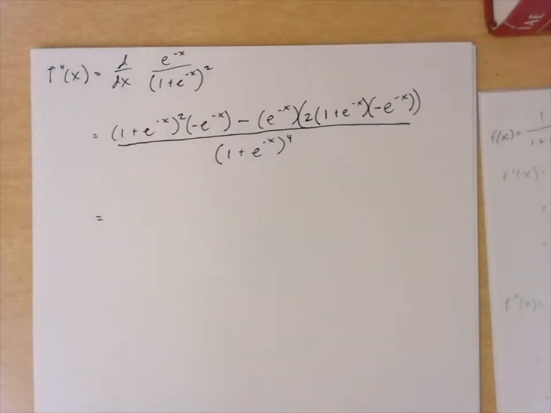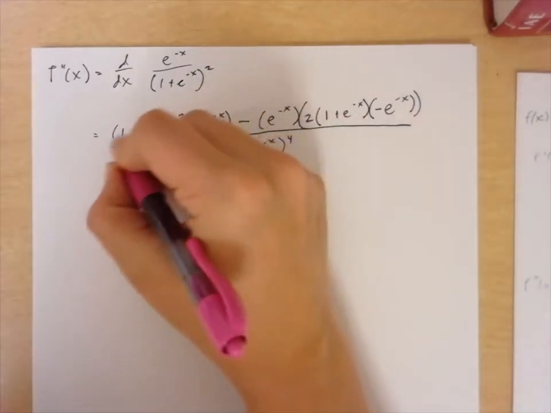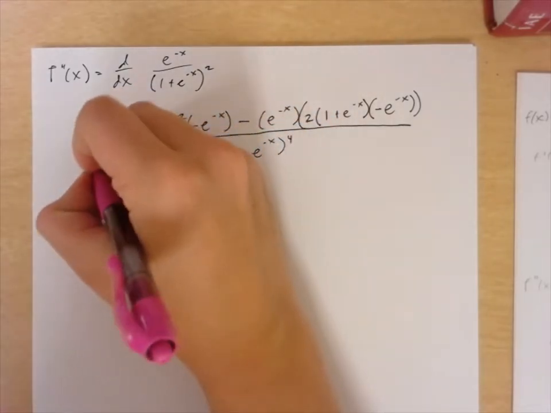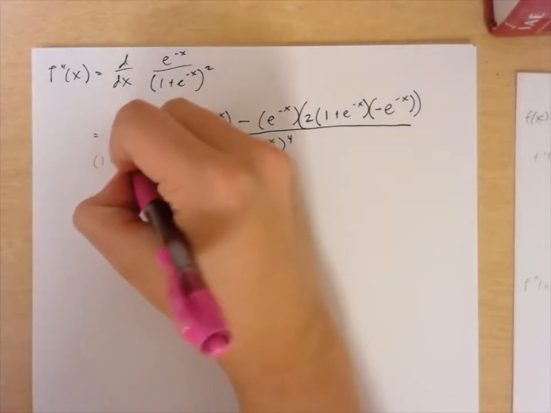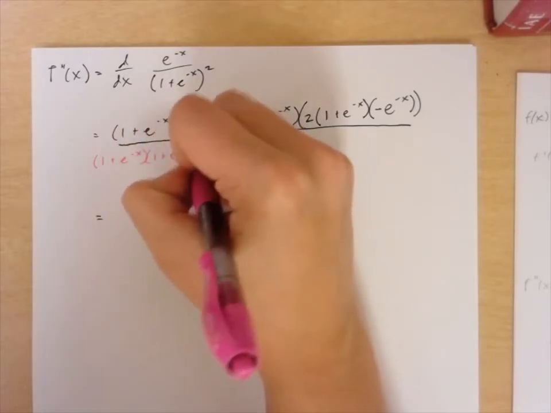Alrighty. And here's where some really cool math starts to happen. What I actually get from right here, from 1 plus e to the negative x squared, is 1 plus e to the negative x times 1 plus e to the negative x.